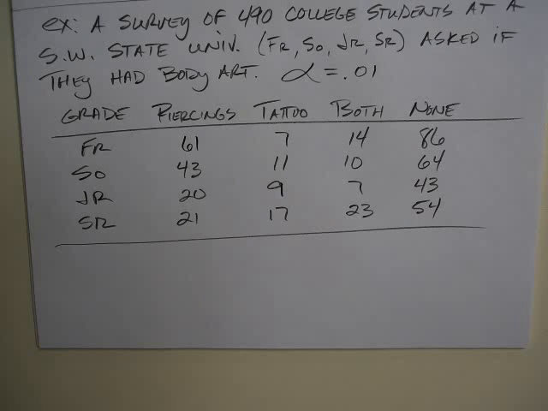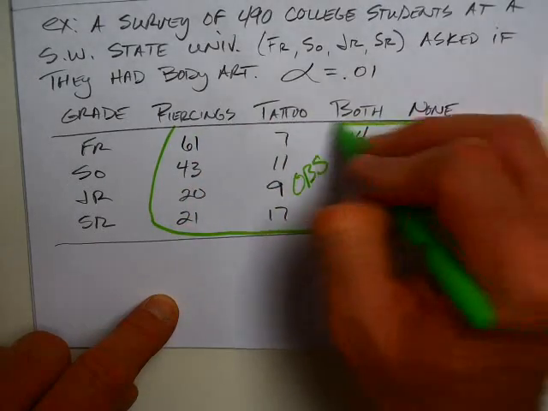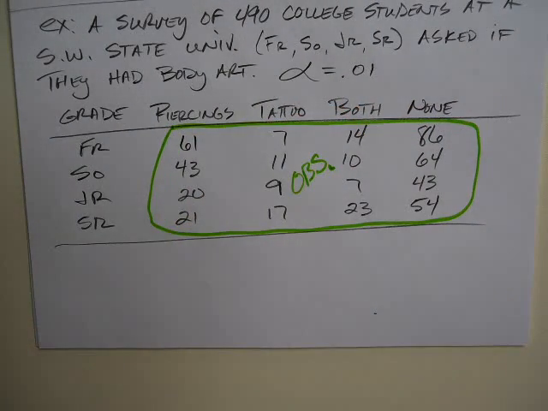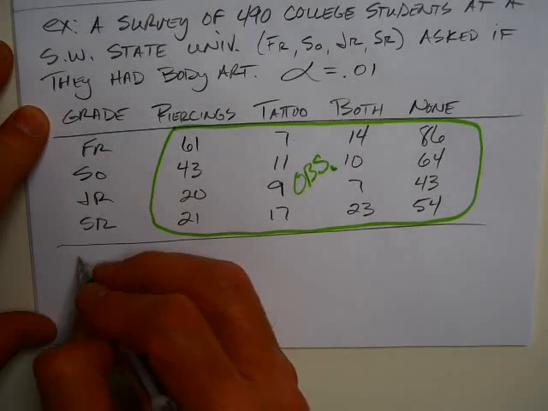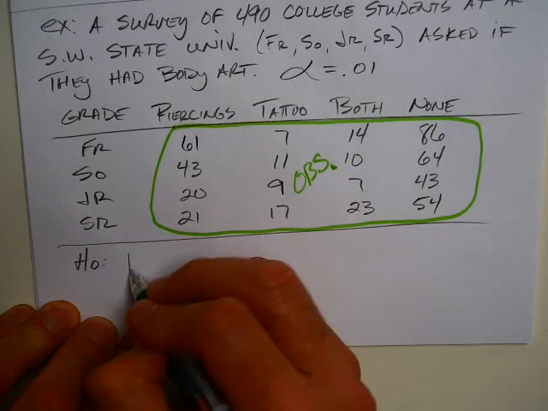With chi-squared, everything that we've learned about chi-squared, there's two groups of numbers that we need to know about, right? Which one is this? Observed. Yeah, exactly. This is the observed. These are our observed values. Now, the null hypothesis here is going to be that there's no difference between the proportions of students in all of these categories.